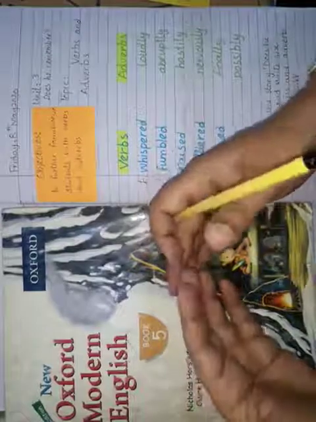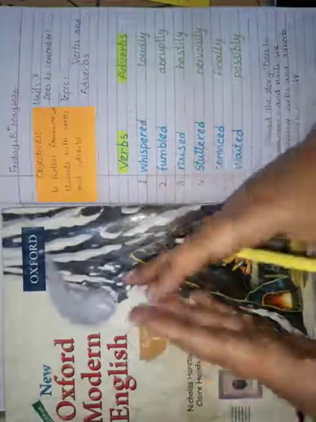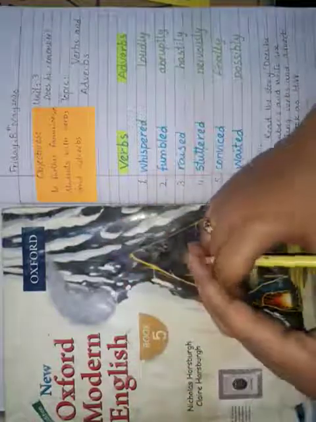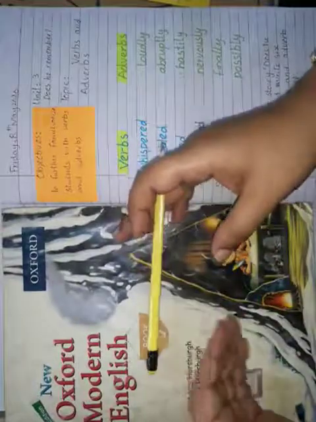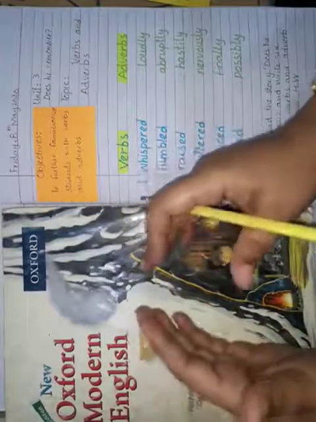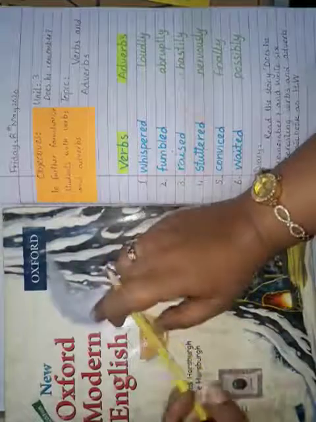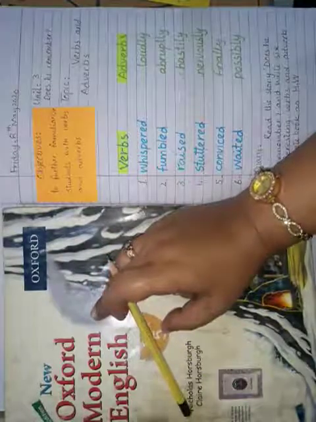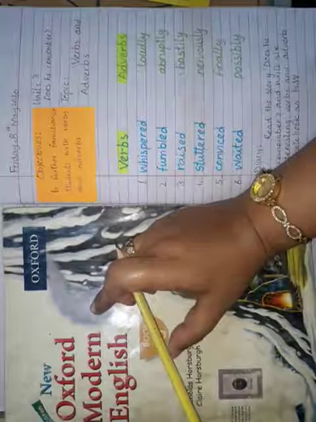जब कोई काम किया जा रहा है और जो word हमें ये बता रहा है that some action has been performed, वो word verb कहलाता है. And then what is an adverb? Adverb is something which tells us more about verb. It means that हम ये कह सकते हैं कि वो word जो हमें verb के बारे में information provide करता है, कि वो verb कैसे perform किया गया, किस तरह से perform किया गया, वो word adverb कहलाता है.